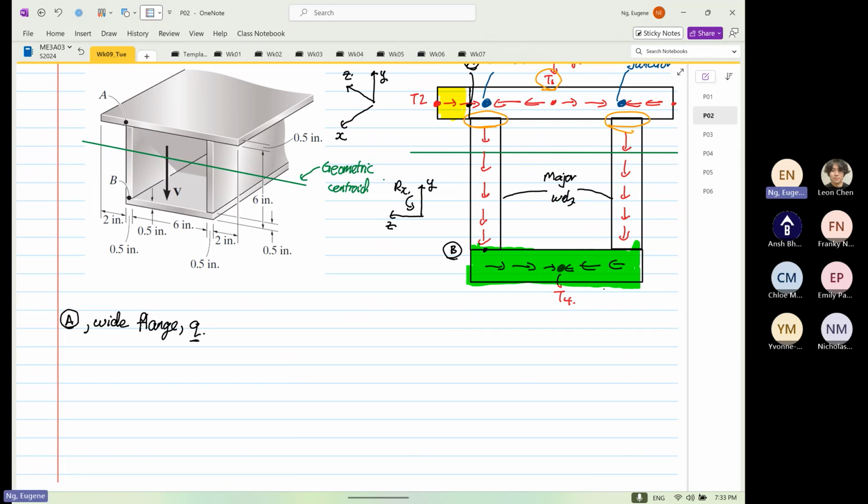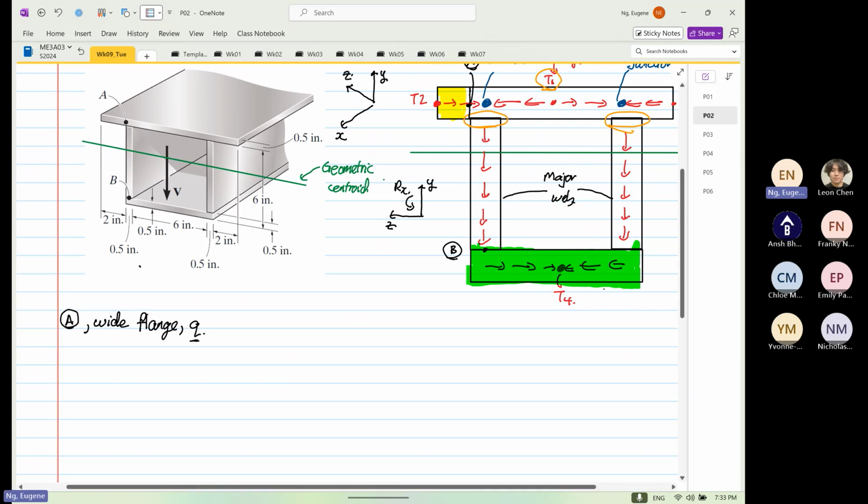Right. So we know that this direction is the width. And this direction is the depth. Okay. So we know we are going to calculate our first moment of area about our z-axis with depth y bar. So width for this case is 2 inches. Our depth is 0.5.